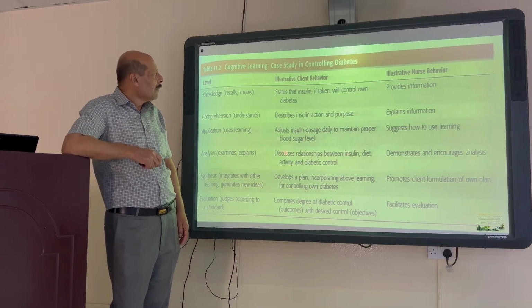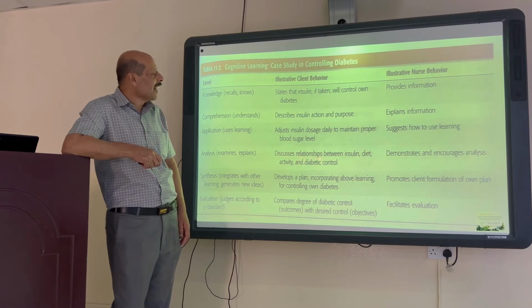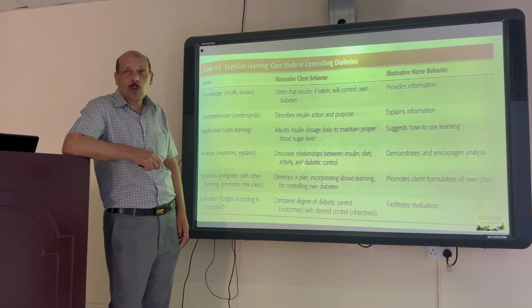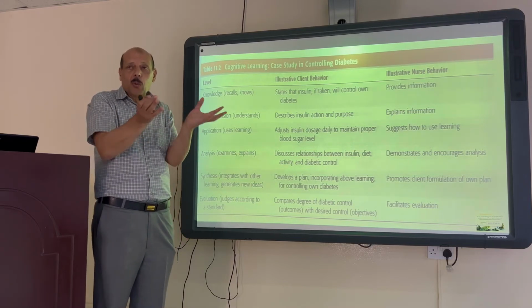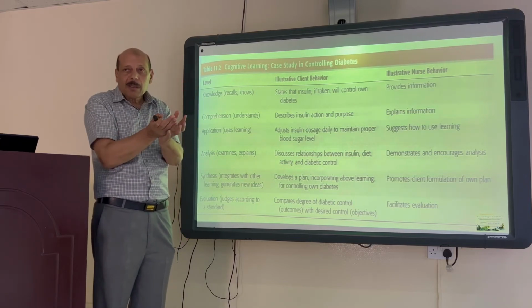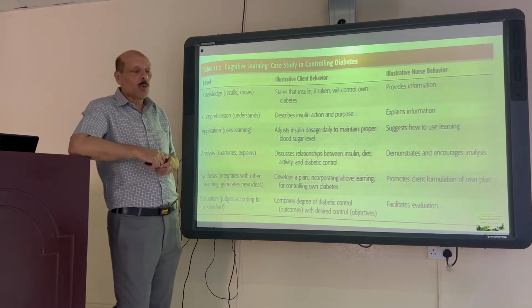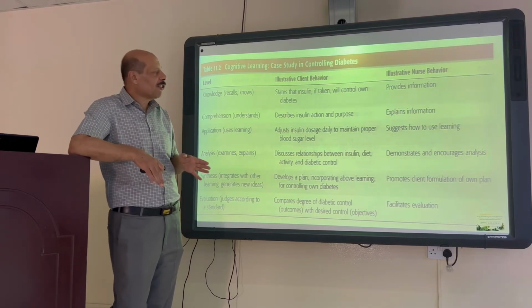Here we have the illustration of the candidate behavior. Discuss the relation between insulin, diet, activity, and diabetic control. So the parameters are multiple, and he has to take from them what they can do in the changes of his level of blood sugar.